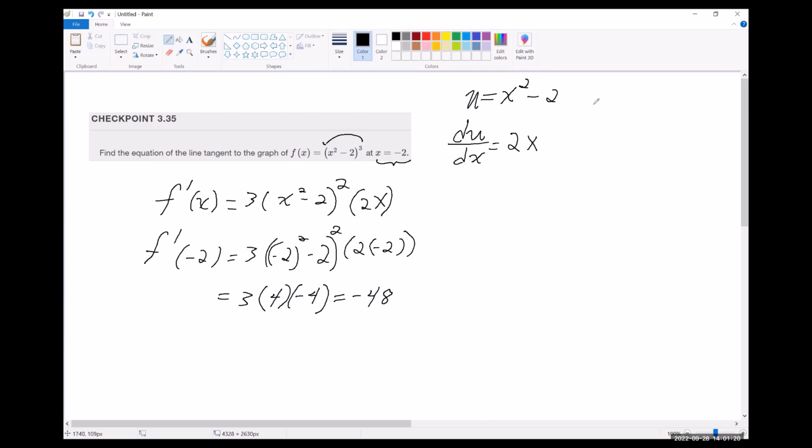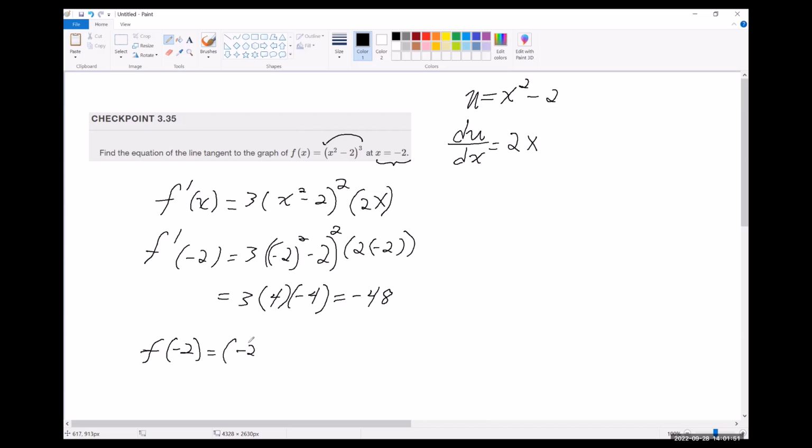It might be worth, where can we do it? Let's do it down here. We need not the derivative. We need the equation evaluated at that same point. So the original equation, which is up here.